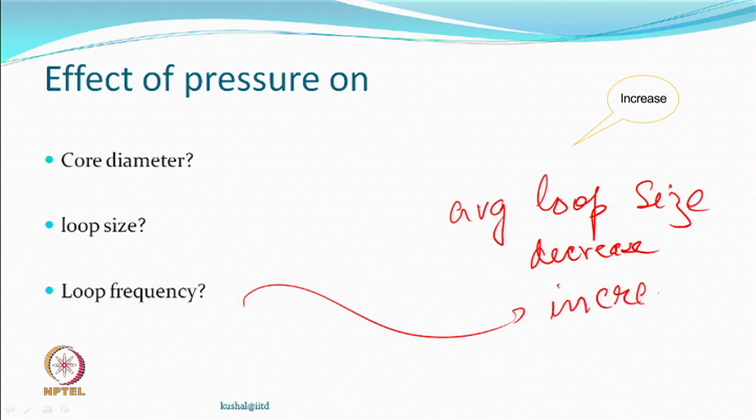This is not going to follow the results of the overfeed, because here the length is the same, the excess length available for loop formation is the same. So, if more loops are formed, then the average loop size has to go down. So, they are going opposite, right. The core diameter can only either remain the same or come down a little bit, because it is becoming more compact.